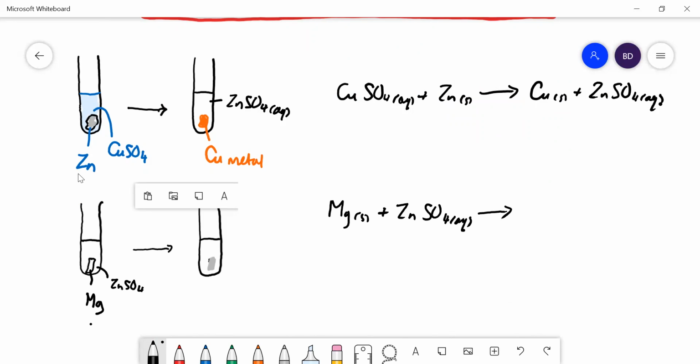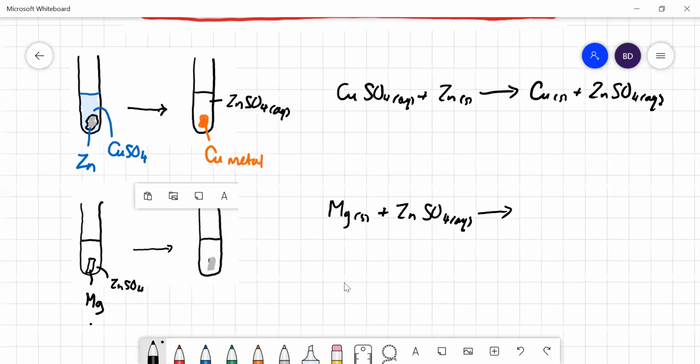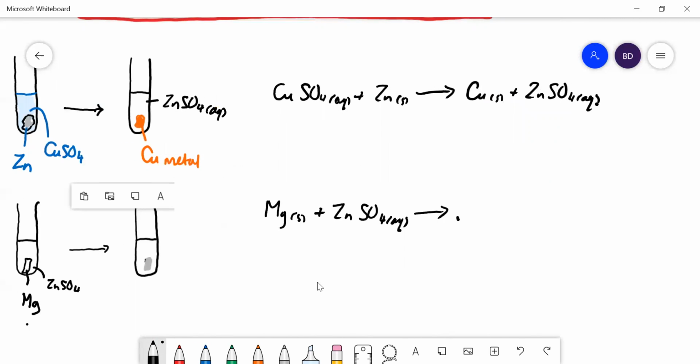You're going to form magnesium sulfate in aqueous solution plus zinc metal. The zinc metal you will form as little black particles, very small particles of zinc, which look black, they don't look silver, on the surface of the magnesium. So there's a couple of examples of metal displacement reactions.